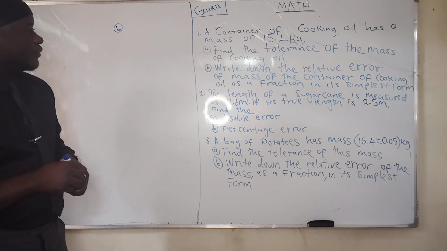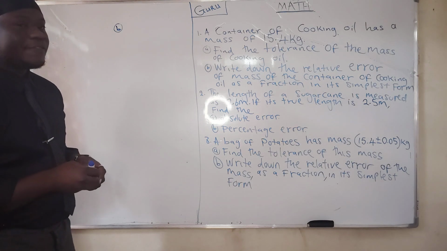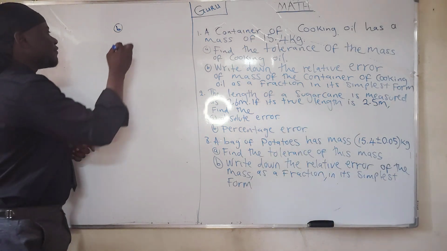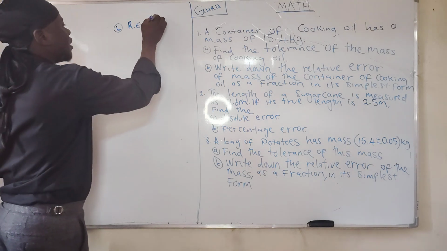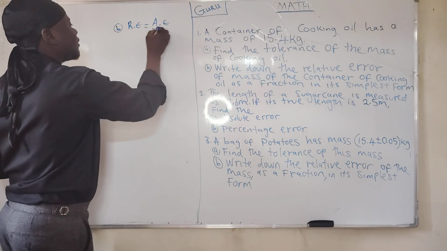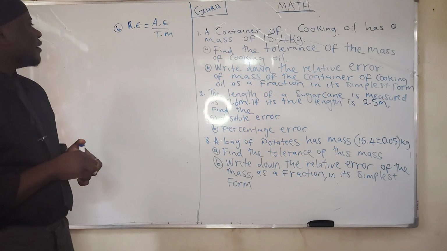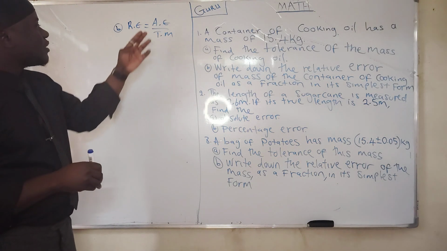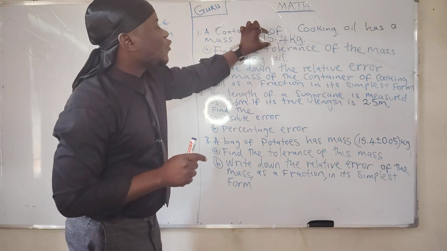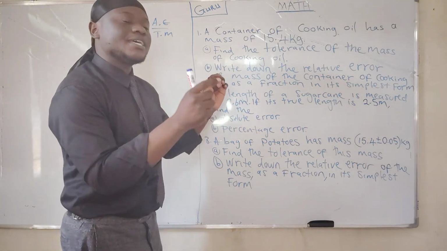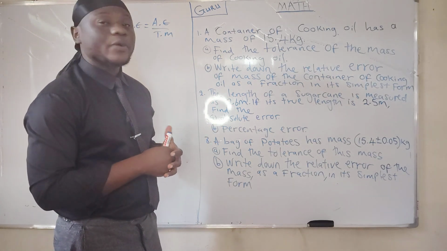Okay, B, write down the relative error of the mass. Relative error. So understand the formula for relative error. Relative error is equal to absolute error over true measure. That's the formula for relative error. Again, I will say it. If you have a whole number, the absolute error becomes 0.5.